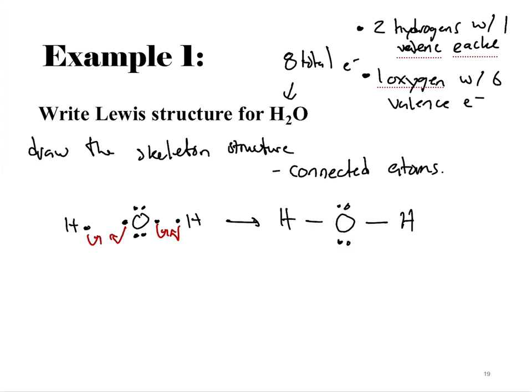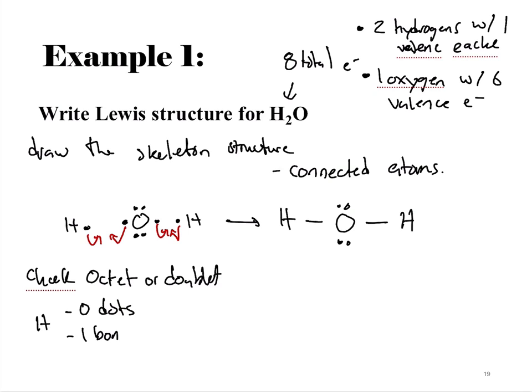So we check the octet rule, octet or doublet. Hydrogen has 0 dots, 1 bond, which means that we have 0 electrons from dots, 2 electrons from a bond, so we have 2 electrons total. It satisfies the doublet, right?